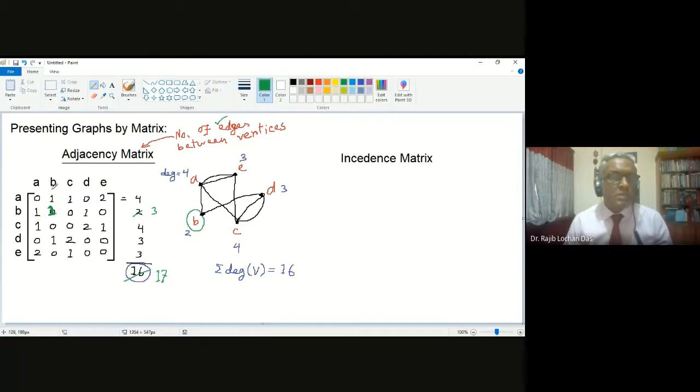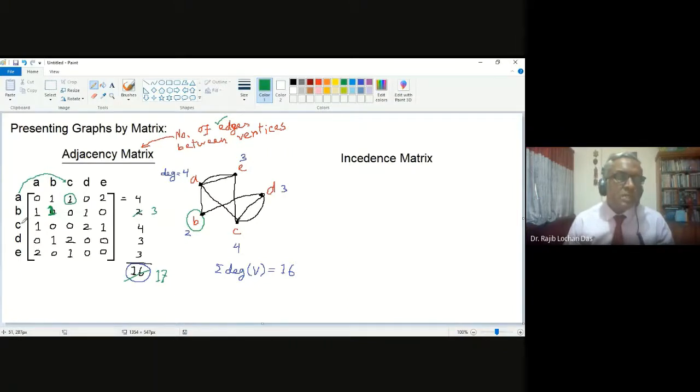Think about other ways, like say, what is this one? You can say this is A to C. Possible, right? And this A to C is coming again. How? You can think C to A also.